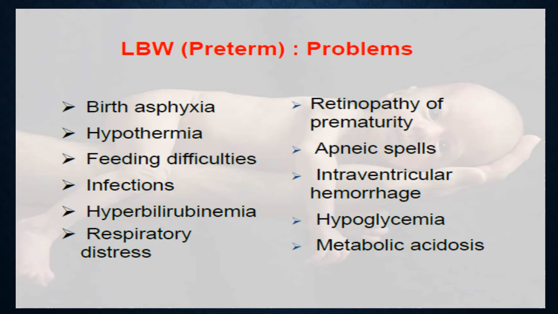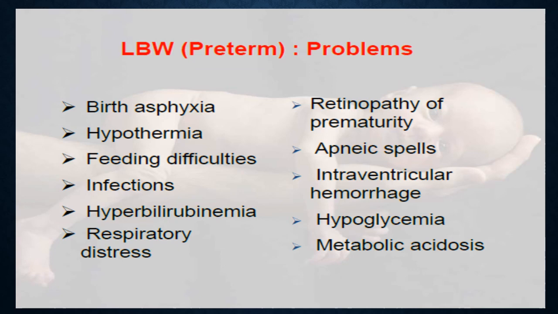Why is it very important? Because low birth weight babies have a lot of problems, mainly birth asphyxia, hypothermia, feeding difficulties, infections, hyperbilirubinemia, respiratory distress, retinopathy of prematurity, apneic spells, intraventricular hemorrhage, hypoglycemia, and at last, metabolic acidosis.